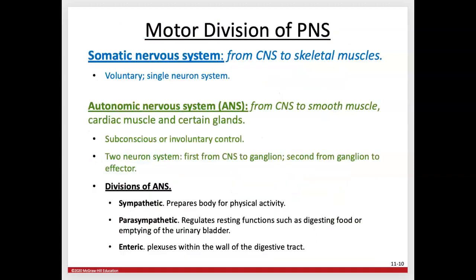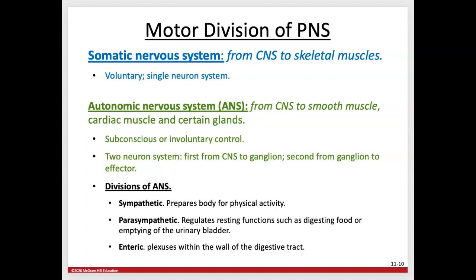All right, so the motor divisions of the PNS include the somatic nervous system. Those are impulses from the central nervous system to the skeletal muscles. This type of impulse is voluntary.